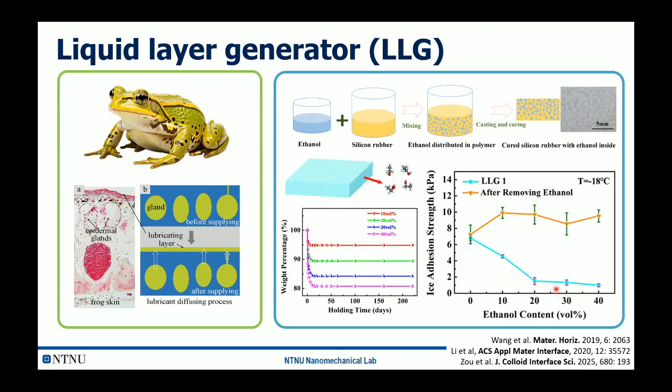But then you probably have the question, because ethanol is so easy to evaporate, what is the stability of the material? So we monitored the evaporation of the ethanol in the material. And here you can see that in the first 10 days the evaporation rate is quite high, but then it reaches a stable level.